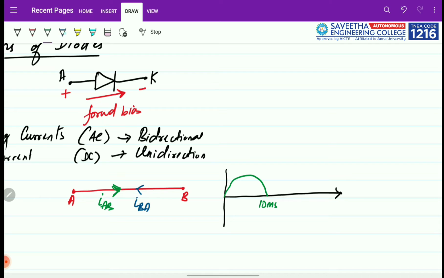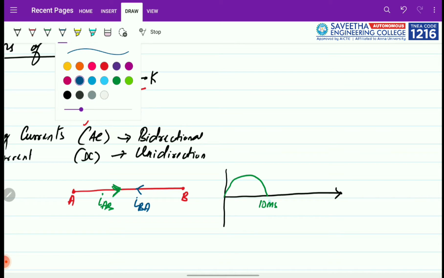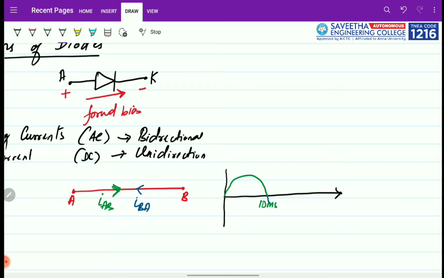Later, in the second half cycle, the current starts from zero again, changes its direction, goes to the maximum peak and falls back. So this is the maximum peak on the negative side, and this is the maximum peak on the positive side. The second half cycle is another 10 milliseconds, so totally 20 milliseconds.